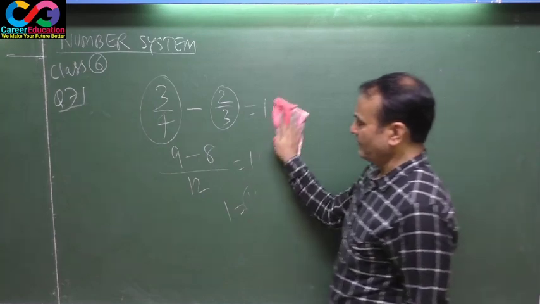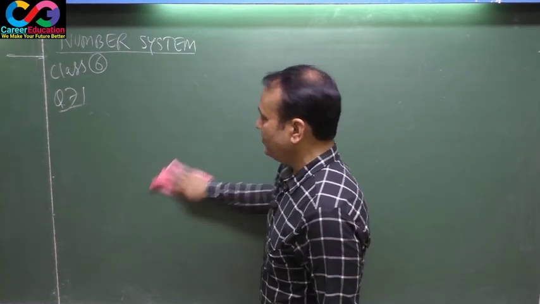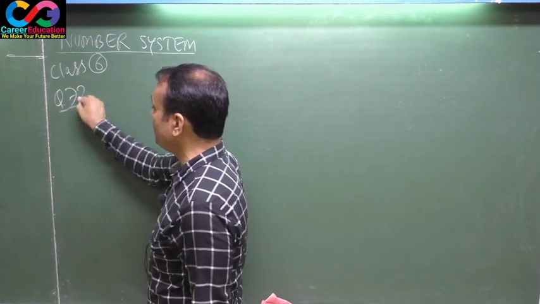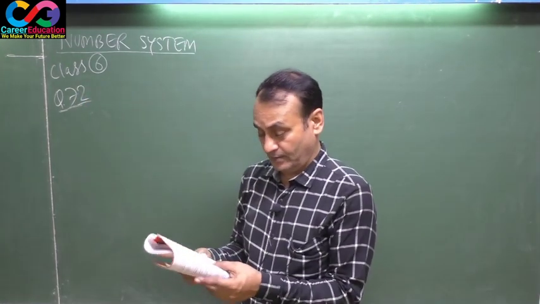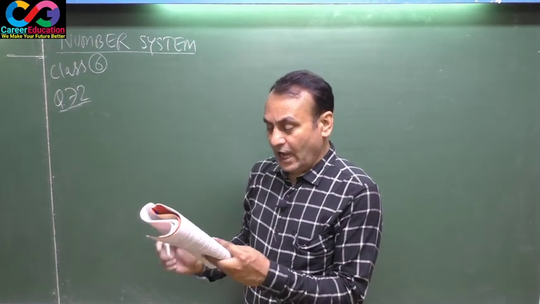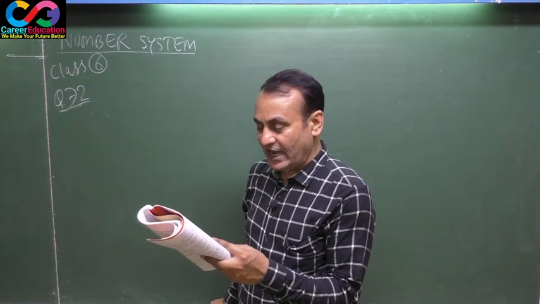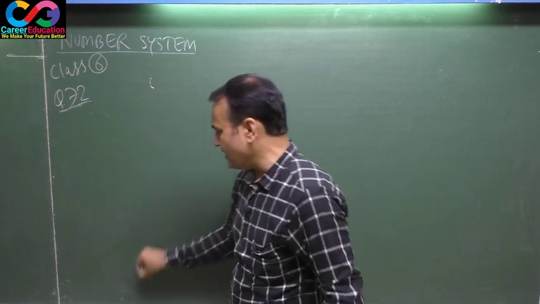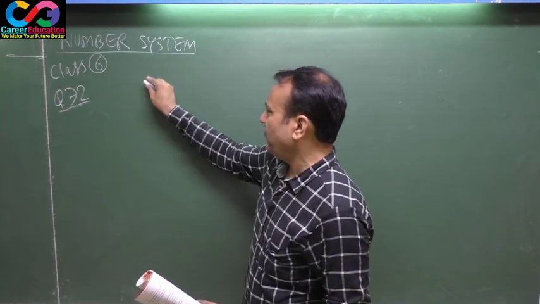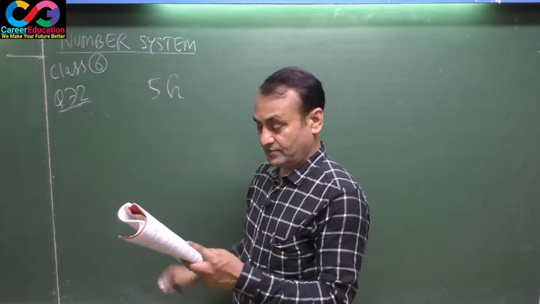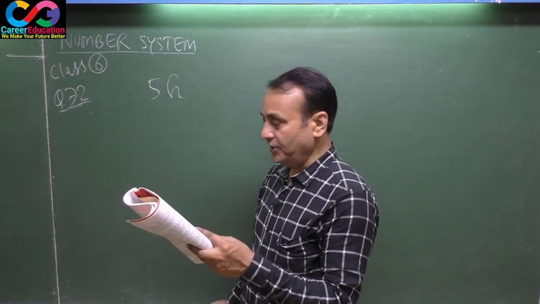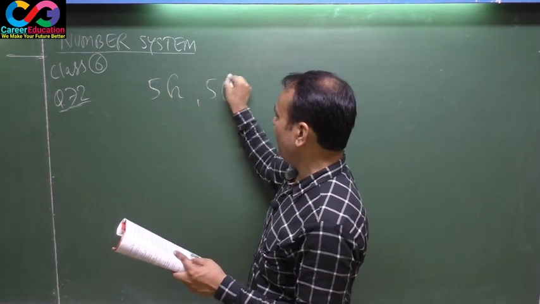Now, question number 72. Ram has 5 green balls and the same number of red balls. Ram has got 5 green balls and the same number of red balls, meaning 5 red as well.